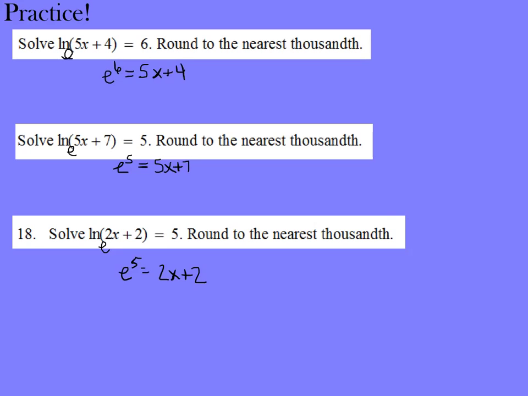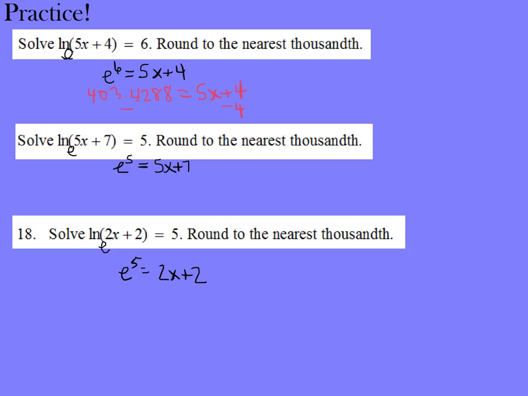First one, e to the 6th is equal to 403. Holy cow. 403.4288 equals 5x plus 4. So to solve, I'm going to subtract 4, subtract 4.